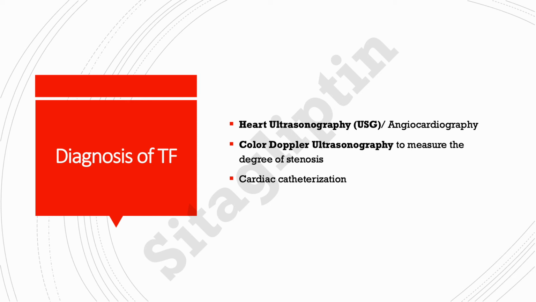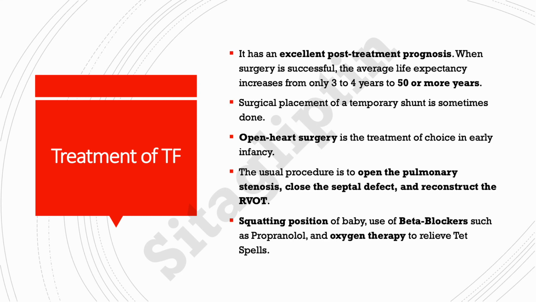An improved or different variant of ultrasound, known as a color Doppler ultrasound, is used to measure the degree of stenosis, and this can help us in diagnosing other malformations as well, so we can have a better understanding of the disease of the patient. Sometimes if there is not enough information with these two tests, we can do cardiac catheterization as well to diagnose tetralogy of Fallot. So yeah, it was pretty straightforward. Moving on to the next slide.